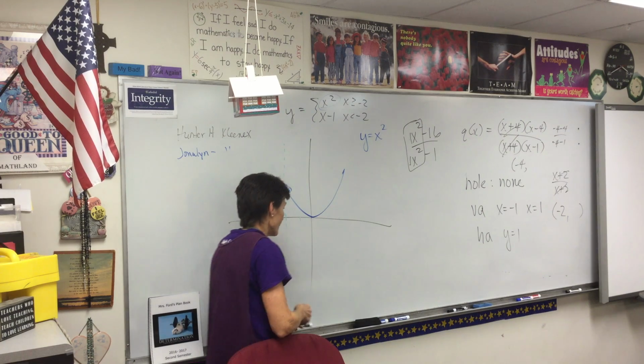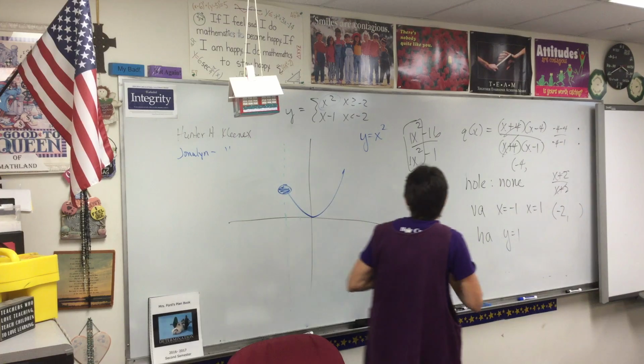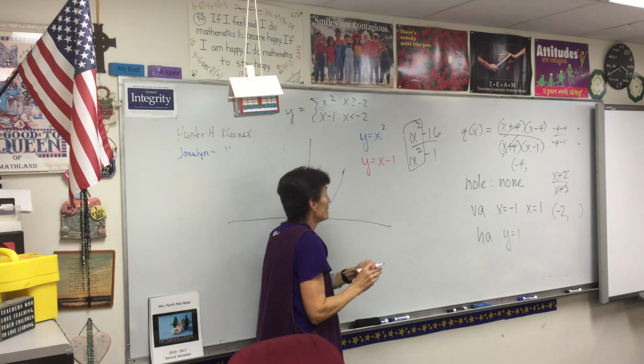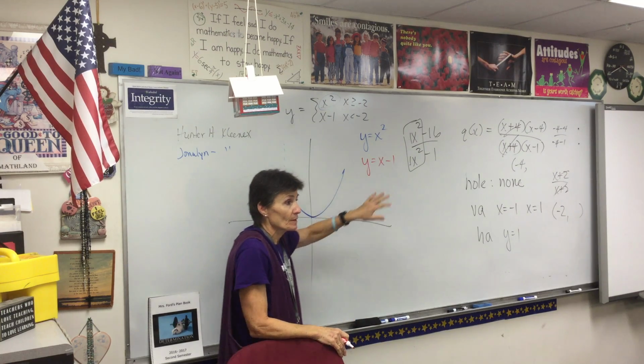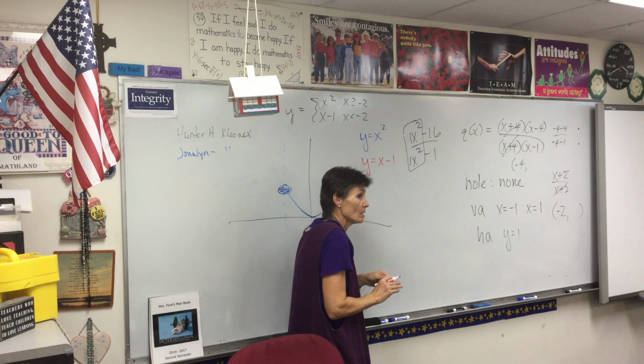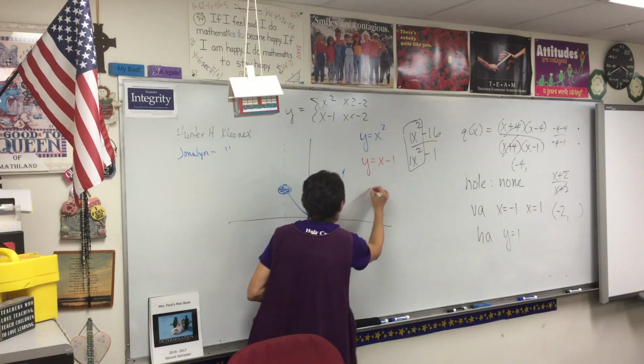All right? Now, I'm going to graph the other thing, which is this. What is that? That's the identity, but it's been moved down 1. So instead of going through the origin, it's going to go through down here, right?